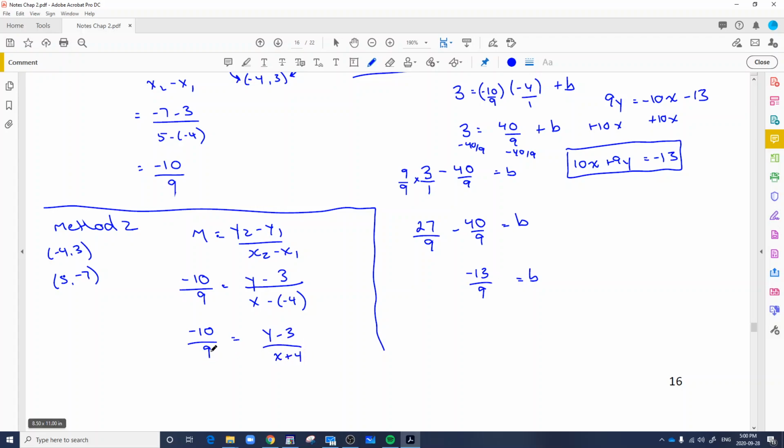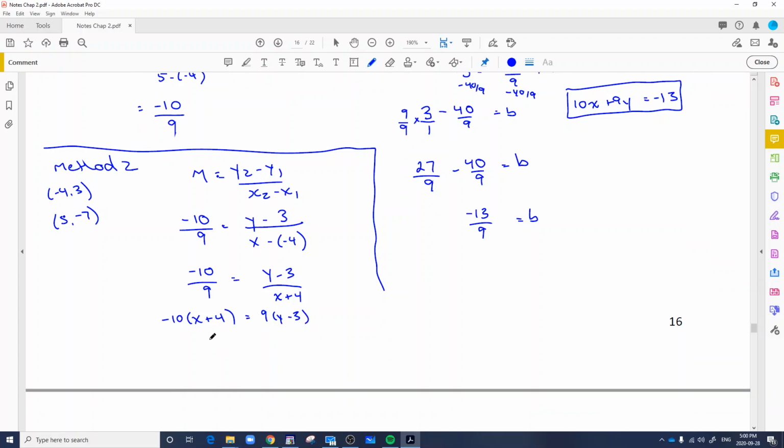And then I'm going to go bottoms up. So I've got -10 times x plus 4, and I've got 9 times y minus 3. Then I'm going to simplify by multiplying through. I get -10x minus 40 equals 9y minus 27. And then to put it in standard form, I need all the letters on one side. So I'm going to move everything to the right.